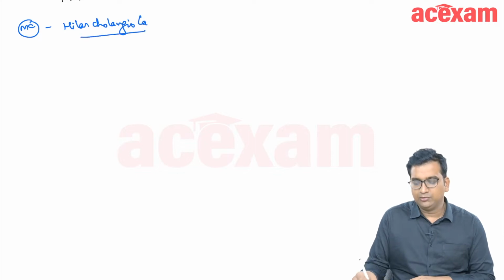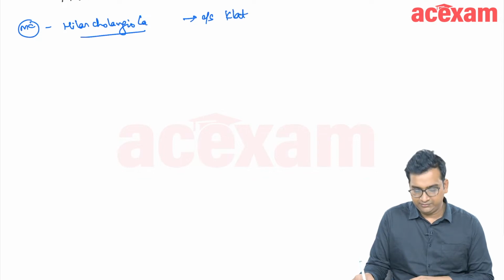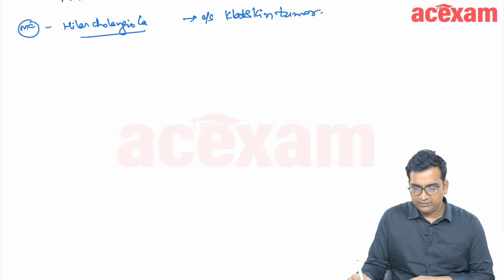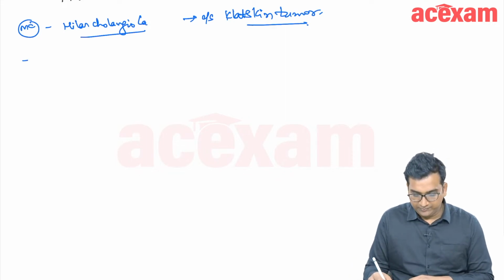Hilar cholangiocarcinoma is also known as Klatskin tumor. There are some features of the cholangiocarcinoma, that it is of three types.